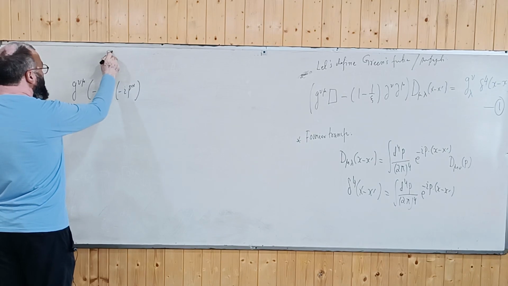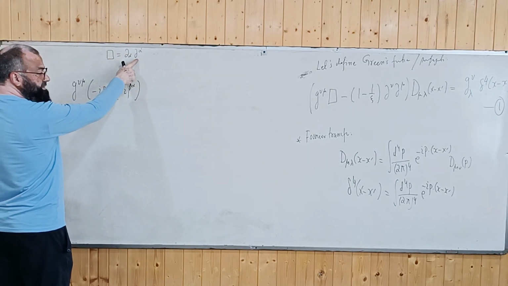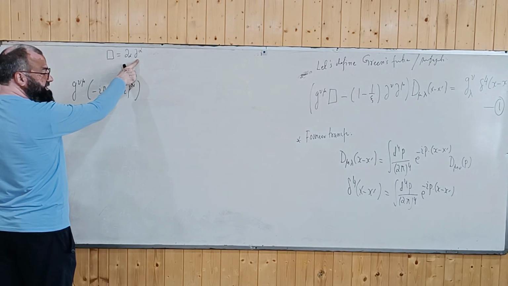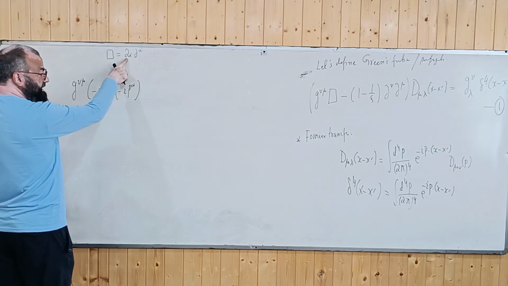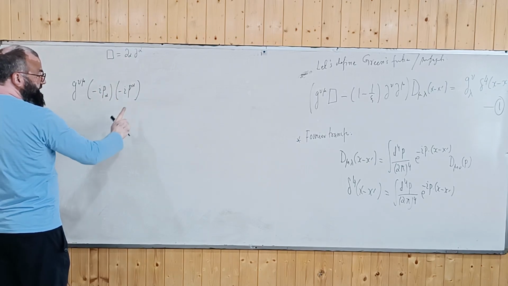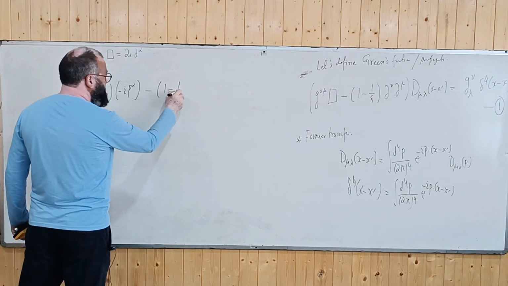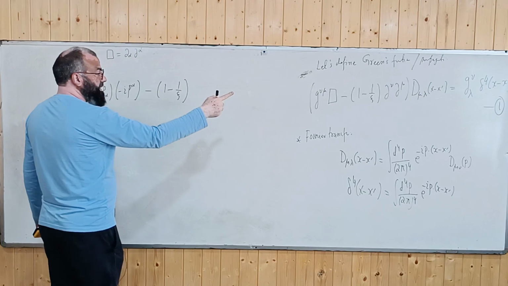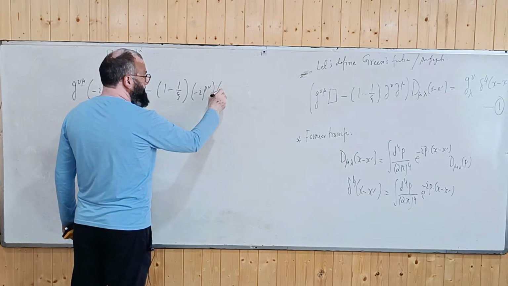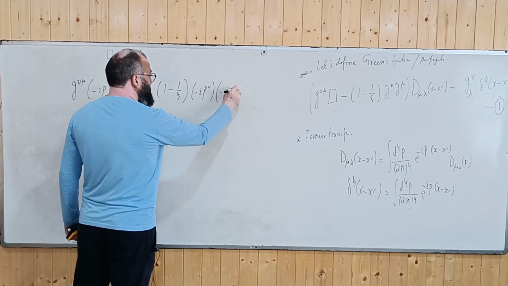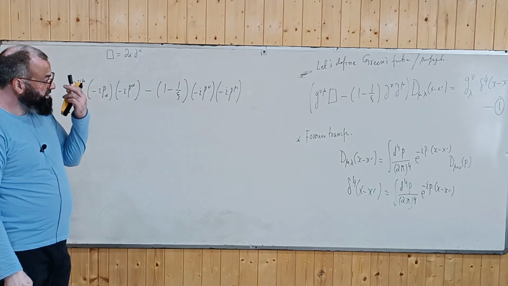The box operator is partial alpha, partial alpha. First differentiating with respect to x gives minus i p alpha, then differentiating with partial alpha gives minus i p alpha, so that's p alpha squared. Then minus 1 by zeta: partial nu will give me minus i p nu, and partial mu will give me minus i p mu. Whatever index you have there, it will give that kind of index.